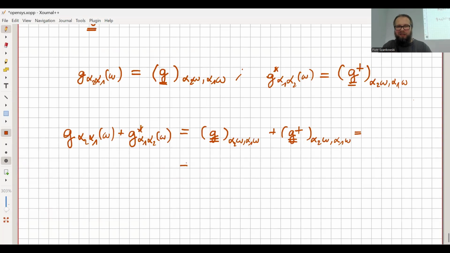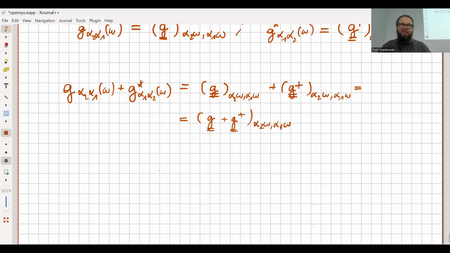Or in other words, this is G plus G dagger, alpha 2 omega alpha 1 omega. So this combination is actually a matrix element of matrix G plus its Hermitian conjugate.